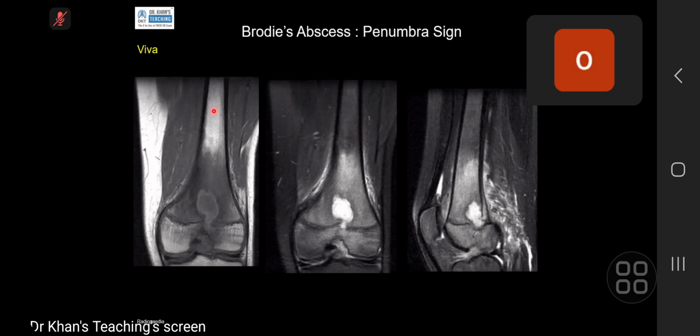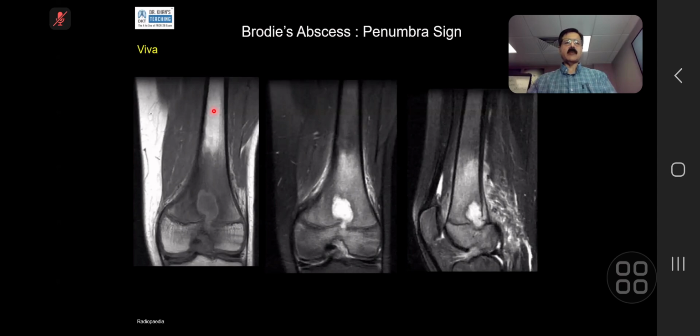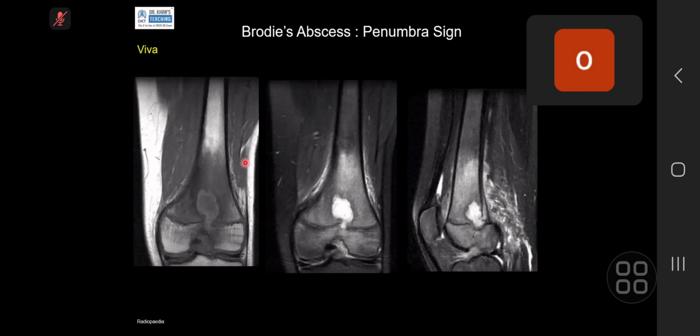I think both are fluid sensitive sequences, the coronal and the other two. Excellent. So what is the penumbra sign? Describe it for the audience. It is a rim of high signal intensity on a T1 weighted image of a low signal intensity lesion, which would have a fluid signal when compared with other sequences of the lesion. And it would be characteristic of Brodie's abscess.